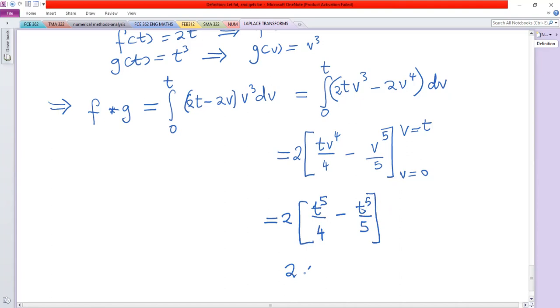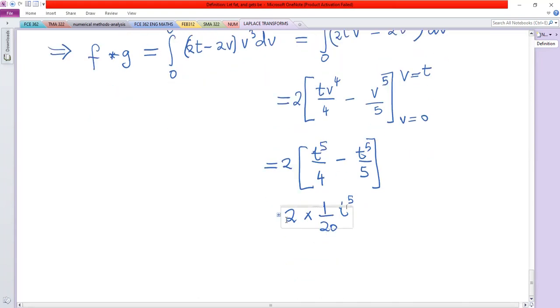So it'll be 2 times, now we have a quarter minus a fifth, t power 5. So that will give us 1 over 20 t power 5. Now multiplying this by 2 gives us 1 over 10 t power 5. So that is case 1, f convoluted with g.